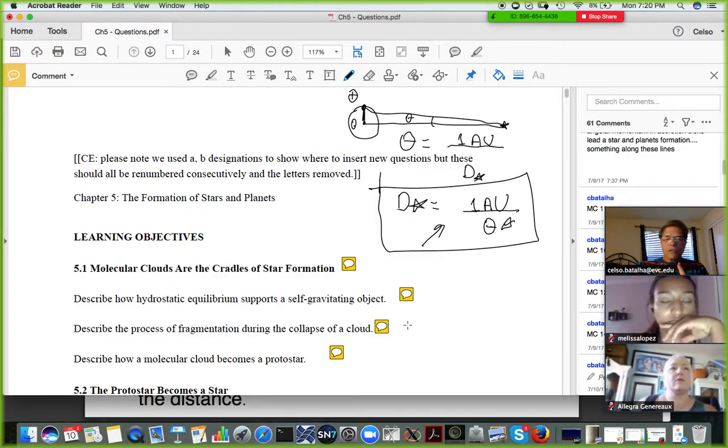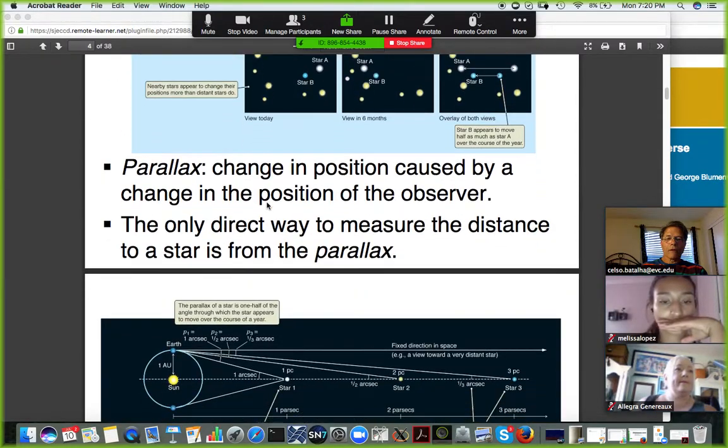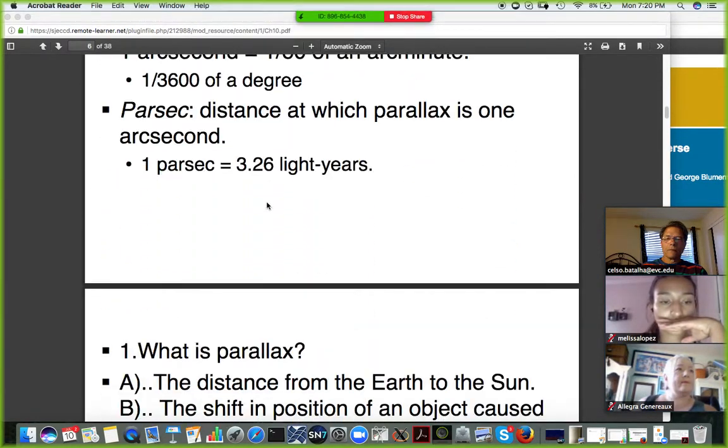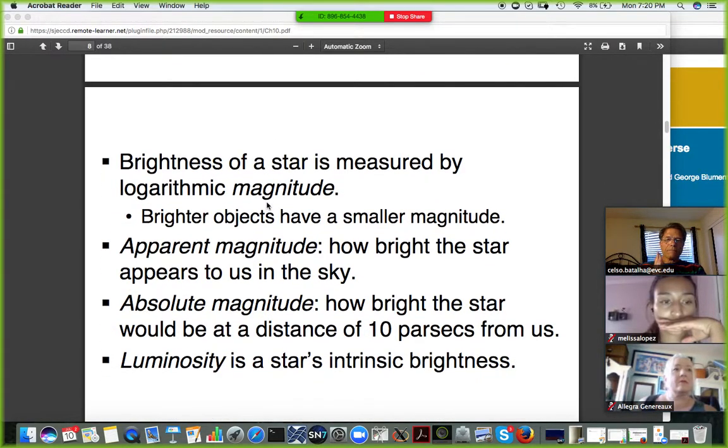We just observe them and use simple geometry. Okay? Got it? That is the so-called parallax.